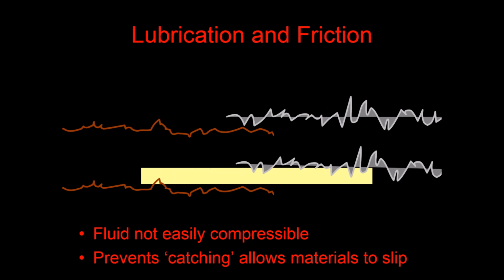So a nice incompressible fluid, for instance, makes an excellent lubricant. Please don't consider that mu has been changed in these cases. That is not what's happening. Essentially, you're running on a new surface which has a different frictional force and preventing the catching and allowing the materials to slip.